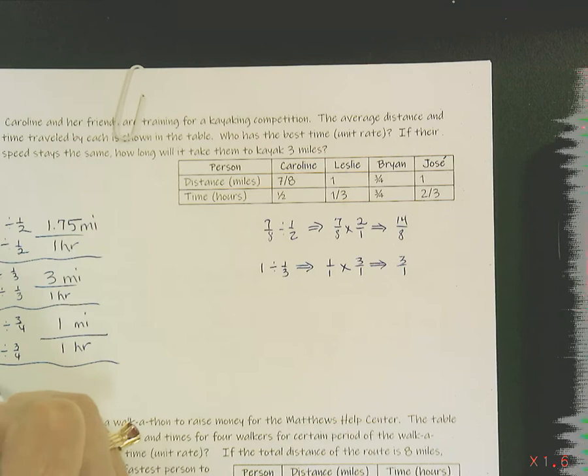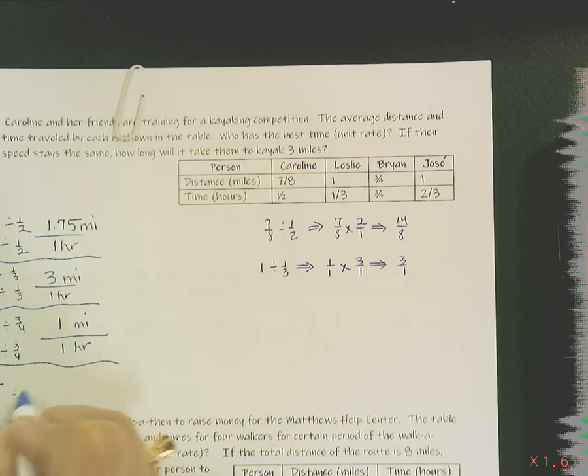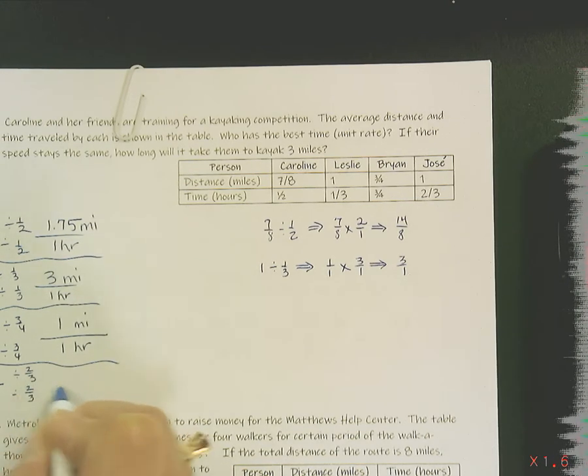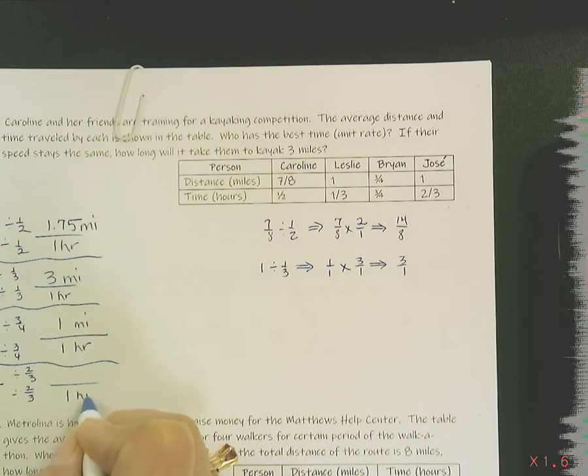All right, Jose. Jose can go 1 mile in 2/3 of an hour. We're going to divide by the bottom number. So that gives us 1 hour on the bottom.